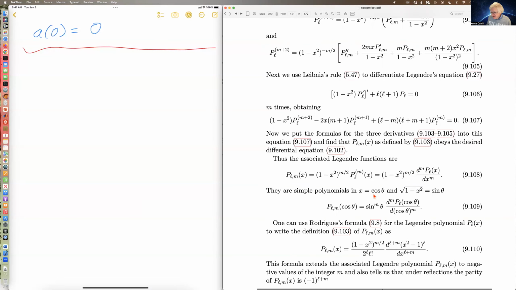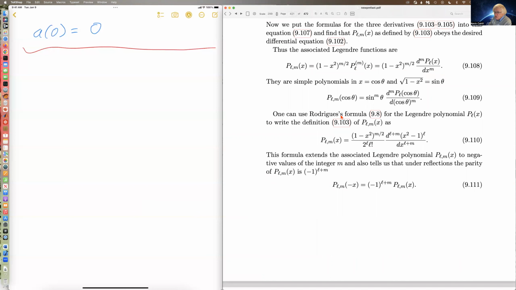And these then are simple polynomials in x, which is cosine theta, and in sine theta, which is the square root of 1 minus x squared. So another way of writing them is P_LM of theta: it's the mth derivative of the Legendre polynomial times the mth power of sine theta.